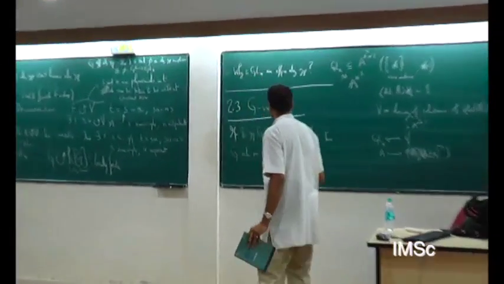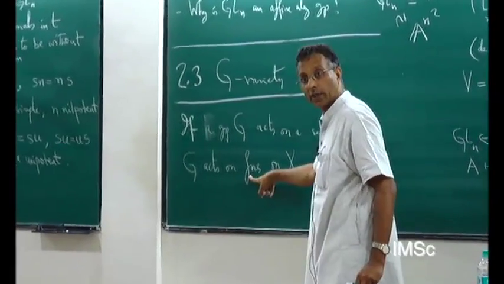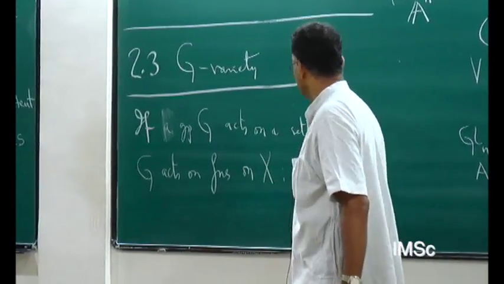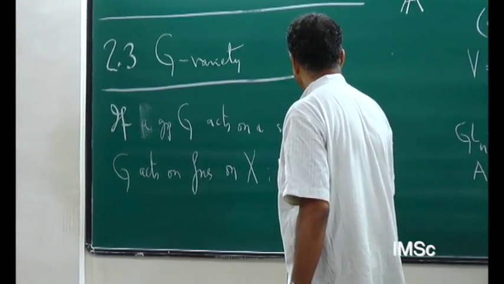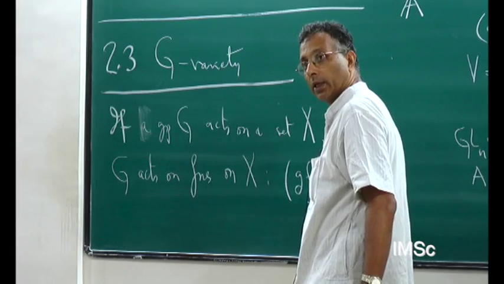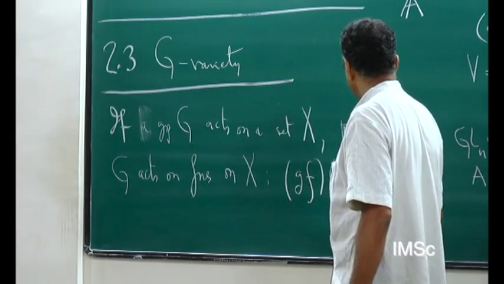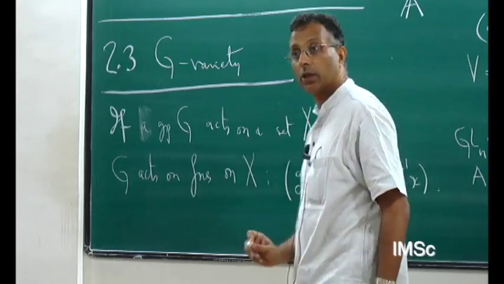I am not specifying where the values of the functions are, it is sort of understood. So if f is a function, gf will be another function. I have to define what it does to x. This is defined by (gf)(x) = f(g inverse x). This is the standard way to do this.